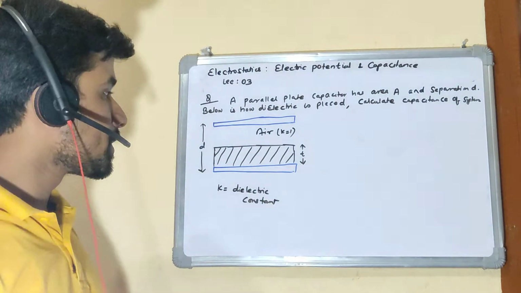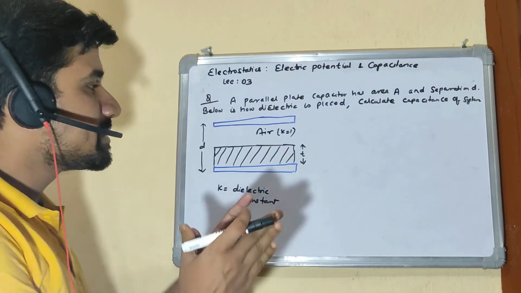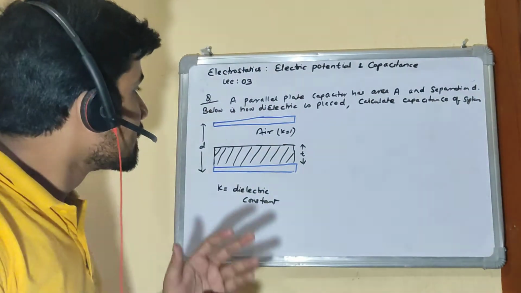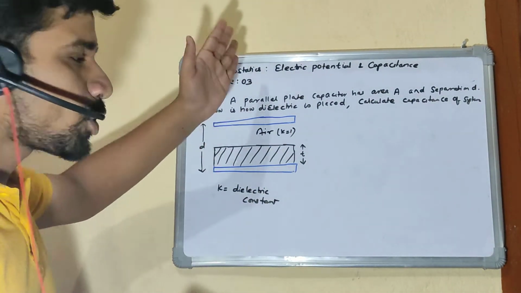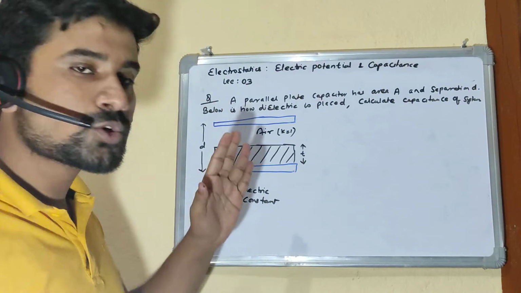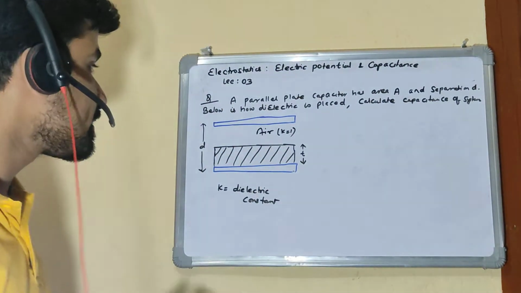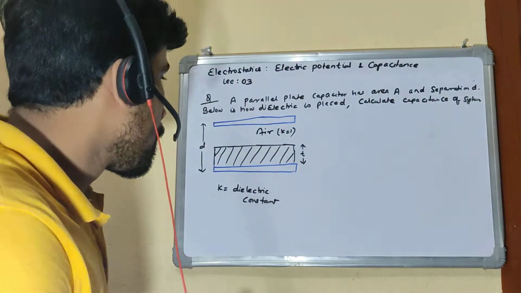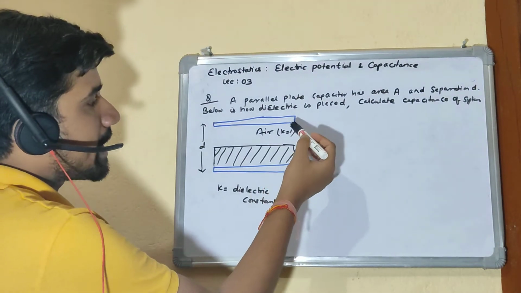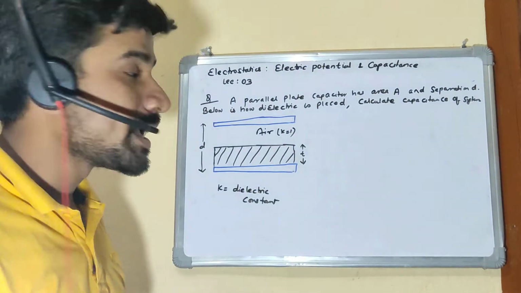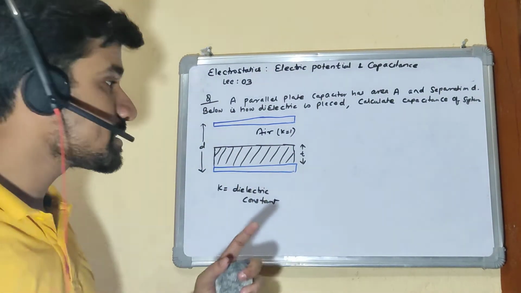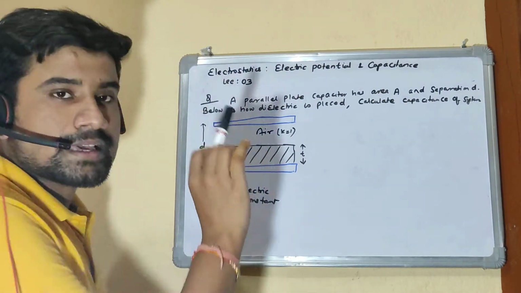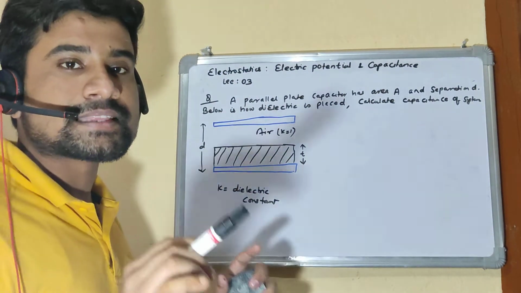Now you see, if I try to break down this particular problem with a top-down approach, this is like two capacitors in series. One capacitor has air as a dielectric, and the other capacitor has a dielectric slab placed in between.